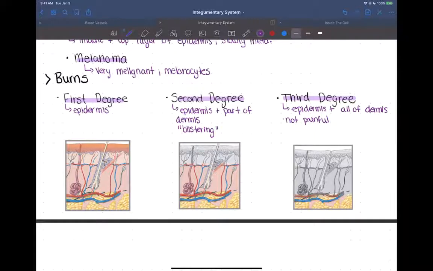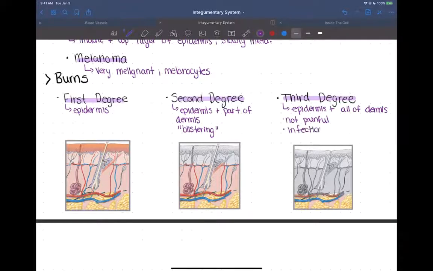And so the concern with these 3rd degree burns, there's a few different concerns. All right, so obviously infection is a huge concern because the skin and all of these secretions from all these glands provide this barrier to prevent bacteria from getting into all of these blood vessels. So infection is a very serious concern.